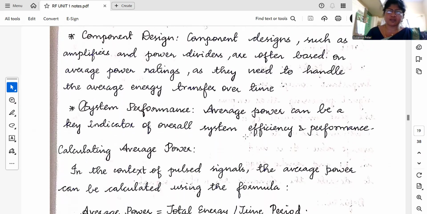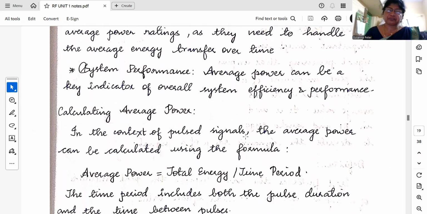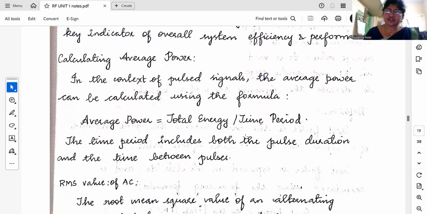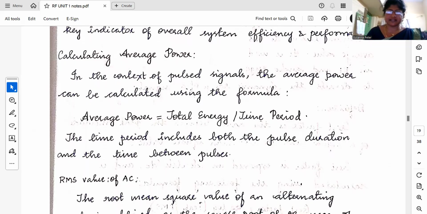Then system performance. Average power can be a key indicator of overall system efficiency and performance. The calculation for average power is: average power is equal to total energy divided by time period, where the time includes both the pulse duration and the time between pulses, as I said earlier.